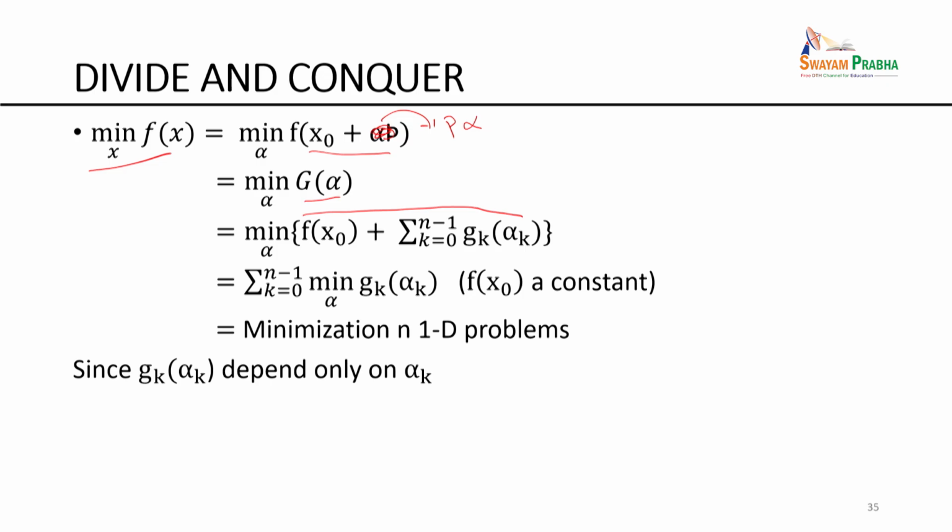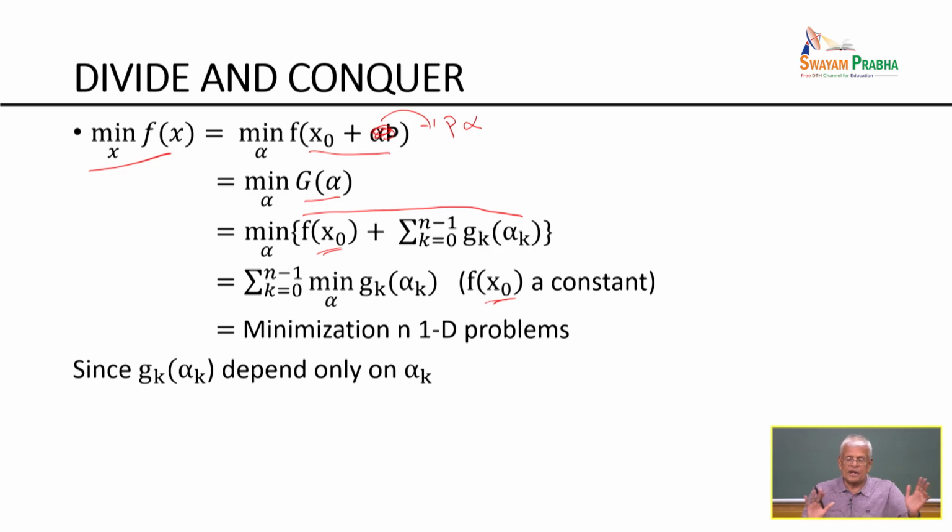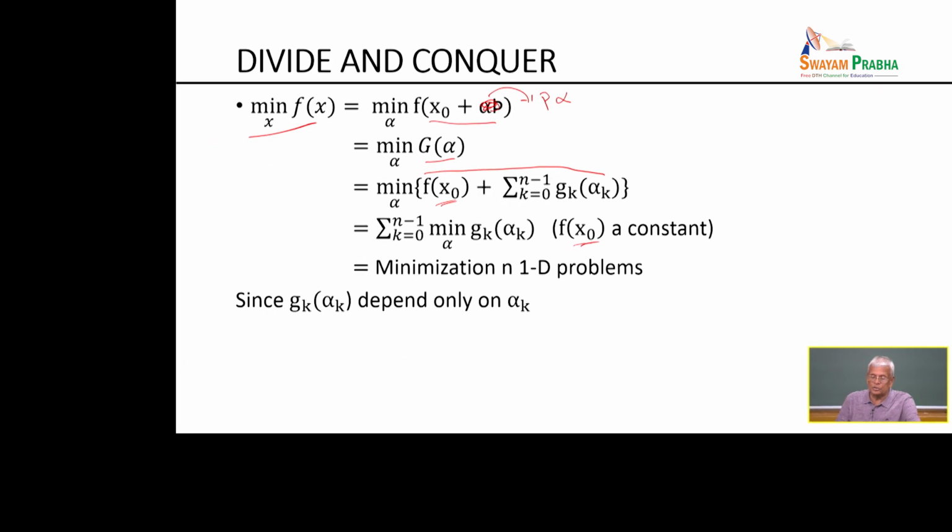Minimizing the sum is the sum of the minimums, because x naught is a constant. Please understand, minimizing the sum is equal to the sum of the minimums. Why? The alpha k are in different directions, they are independent directions, so one does not affect the other.